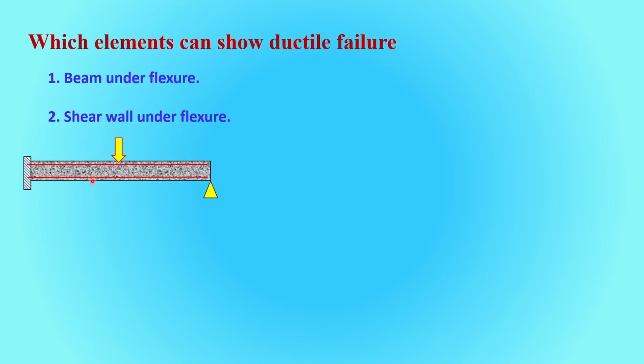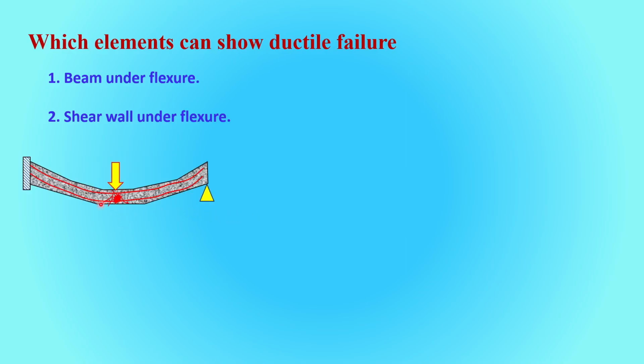In the beginning it will sag in an elastic way without any fracture, but gradually as the load increases it will fail by flexural failure at the center. So maximum bending moment will be at the center, so it is failing at the center. And you can note here, even after failure the rods have not snapped out and the beam is still hanging, so it is able to take the vertical load.